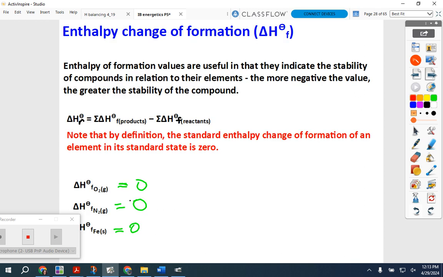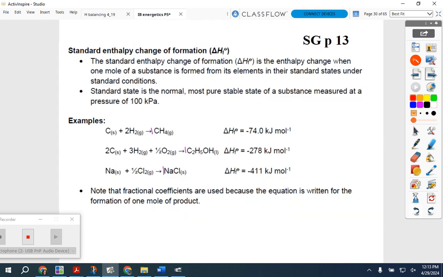One thing that we can use in order to calculate these changes in enthalpy that we cannot directly measure is the standard enthalpies of formation. Sorry, I'm going to make you flip back again to page 13.